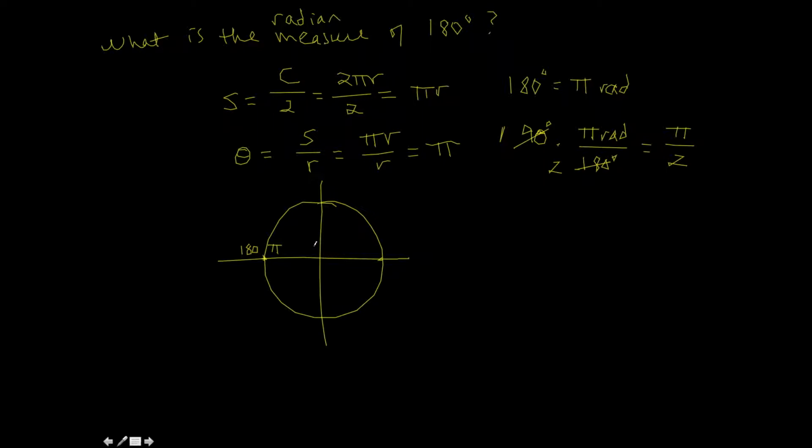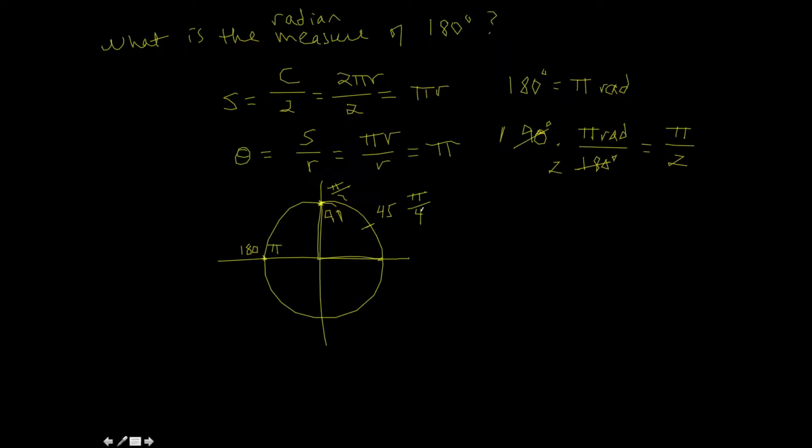We said that 90 degrees, which is this angle here, is going to be pi over 2 radians. Now, what would 45 degrees be? Well, notice 180 was pi, 90 was pi over 2, 45 is going to be pi over 4, right?